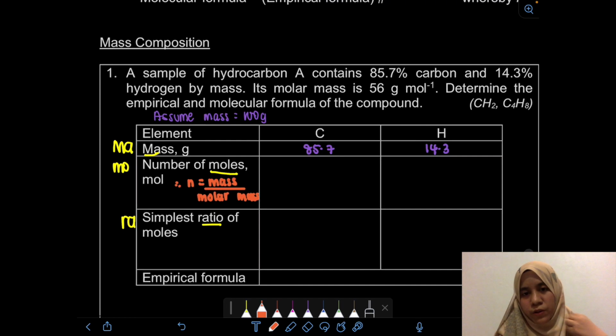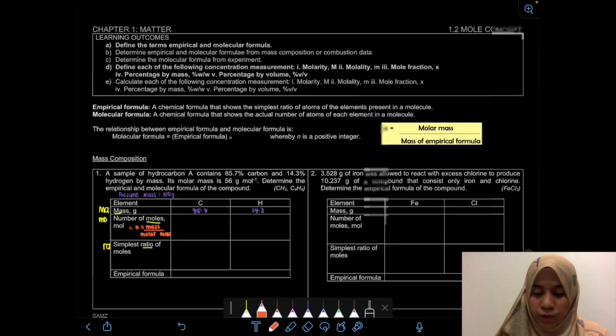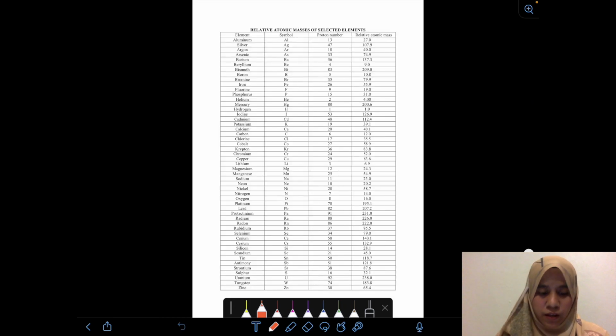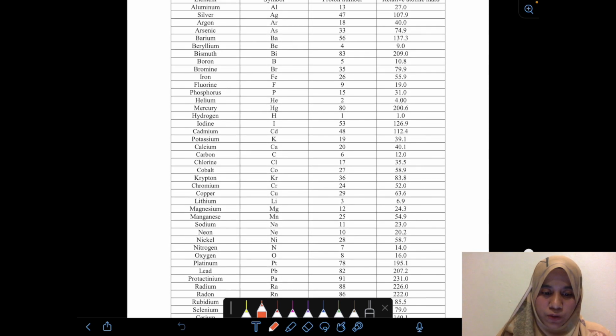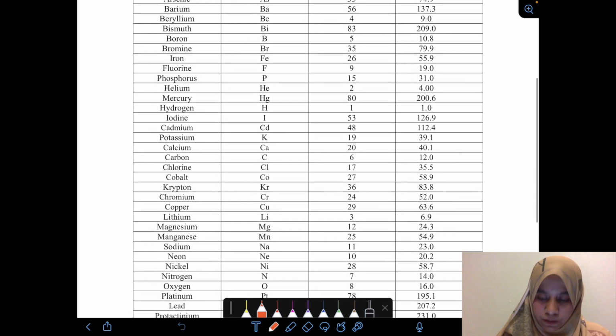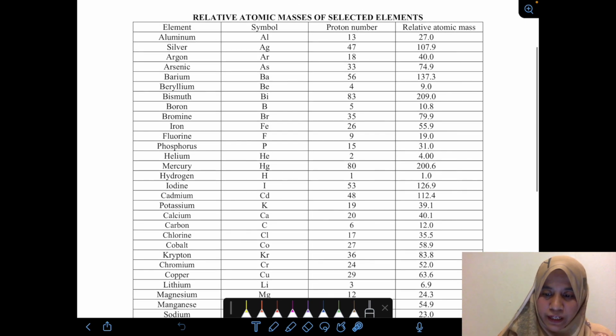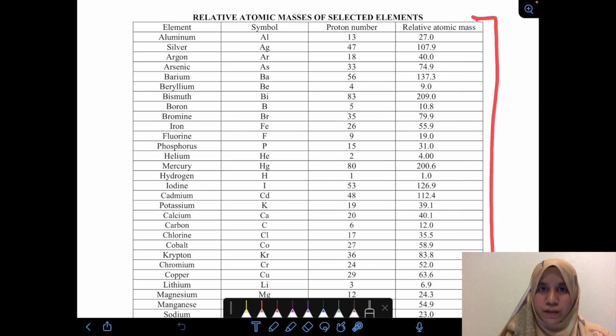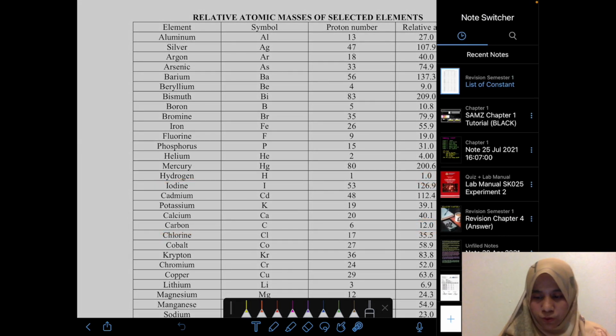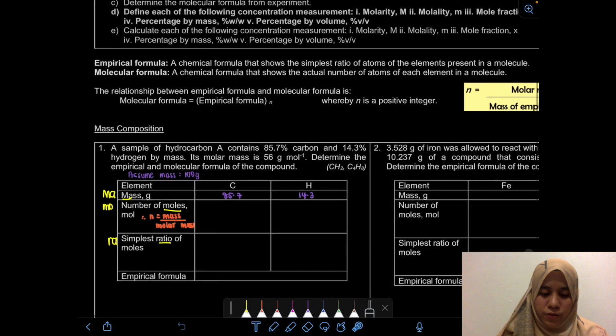You don't need to memorise it, it's in your list of constants. We need carbon and hydrogen. Here is carbon. Remember, we look at the right hand side, at the very end. Carbon's molar mass is 12, and hydrogen's is 1. If you don't memorise it, no worries, you can look at your list of constants.